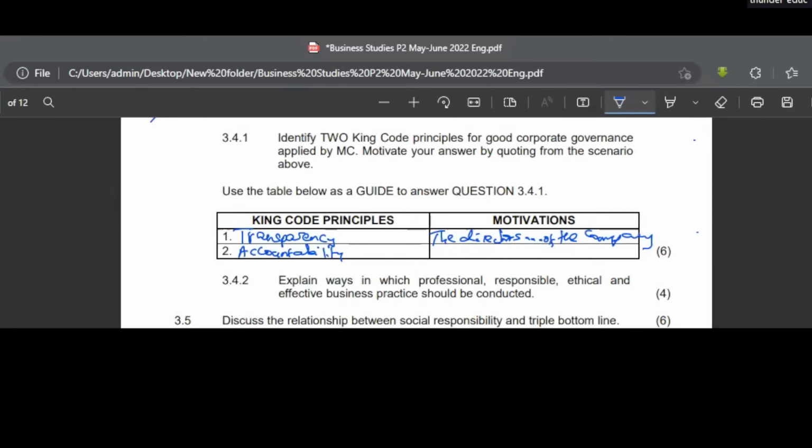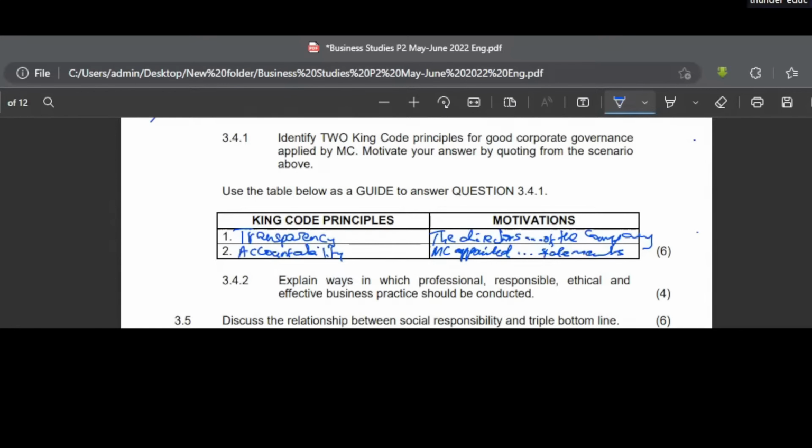Also, the accountability, we said that MC appointed Khobolo auditors to audit their financial statements. Okay, right. You have 2 marks for the principle, 2 marks for the principle, 1 mark for the motivation.